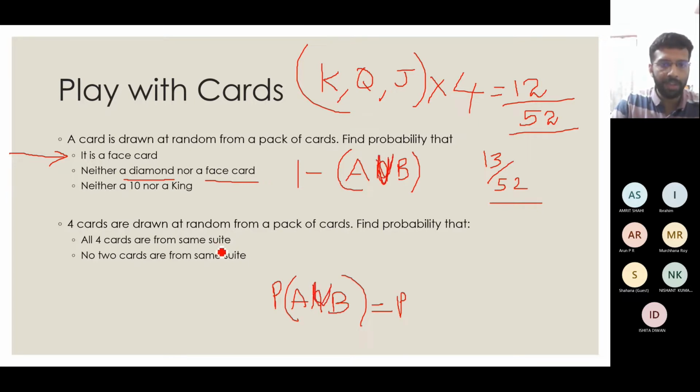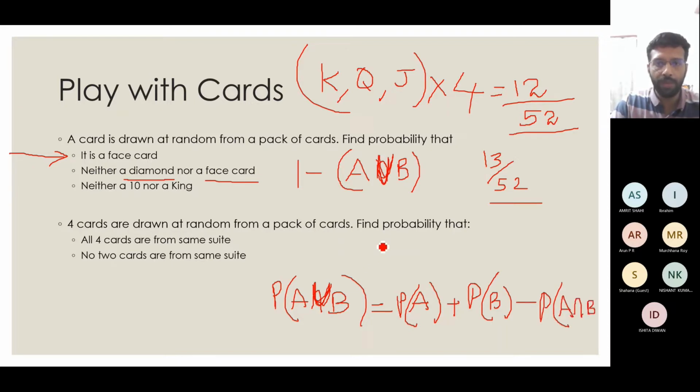In the addition rule, we saw that the probability of A union B is equal to the probability of A plus the probability of B if both events are mutually exclusive. But in this case, there's a possibility that a card can be a diamond as well as a face card, so I have to subtract the cases where both are true. How many face cards are there in diamond?